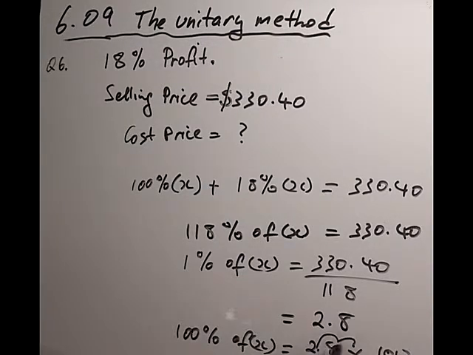And that is, of course, my cost price. And that is my answer. So the cost price is $280, which gives me answer D in the choice of answers in the textbook.